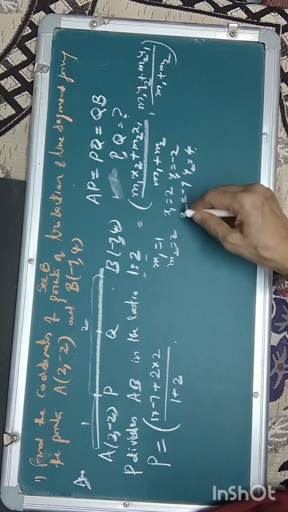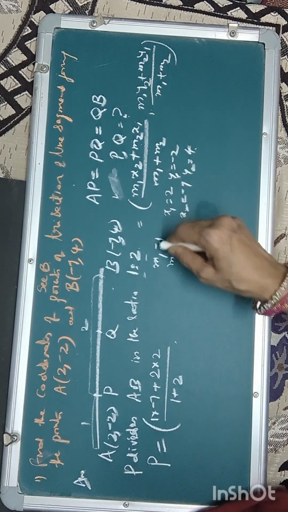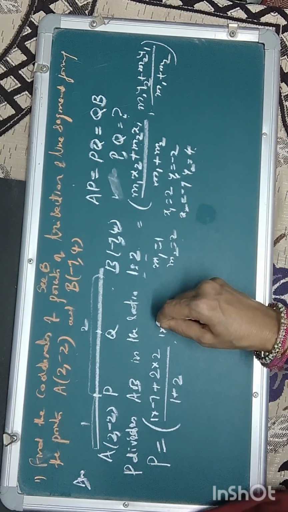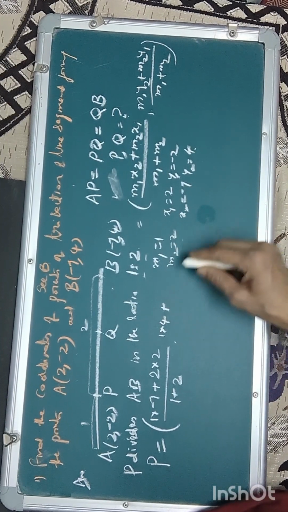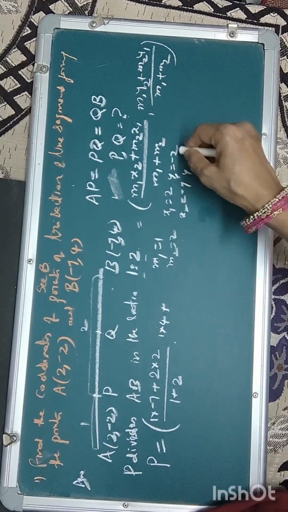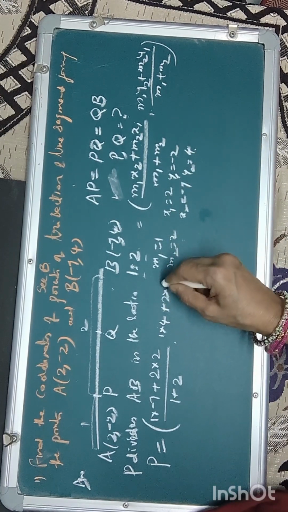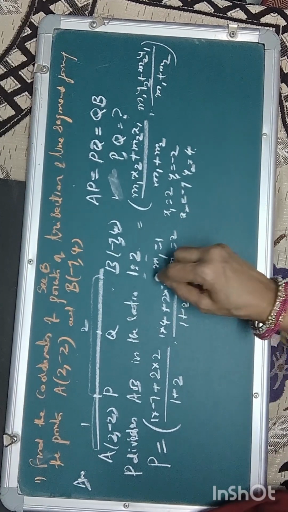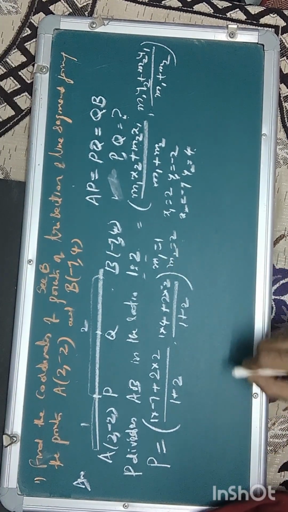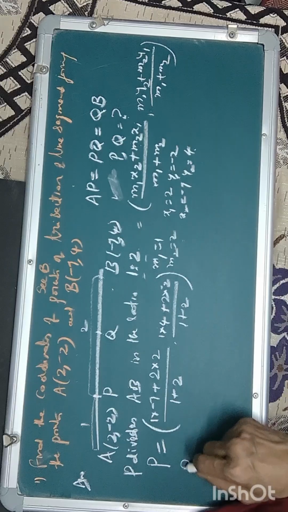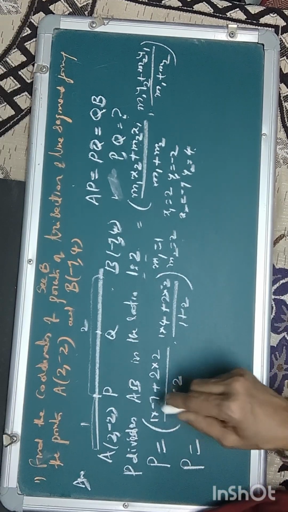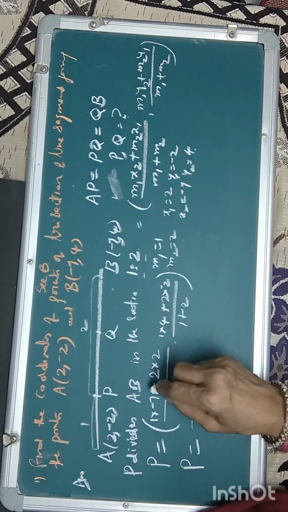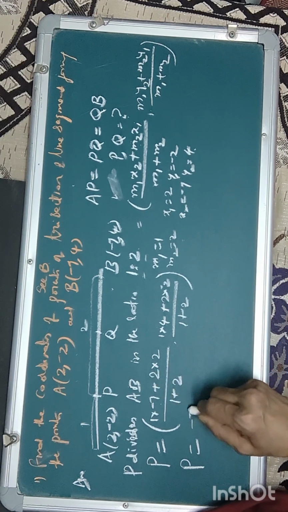And 1 into y2, y2 is 4, plus m2 into y1, 2 into -2, by m1 plus m2, 1 plus 2. So simplifying, what do we get? 1 into -7 plus 4, so we get -3.